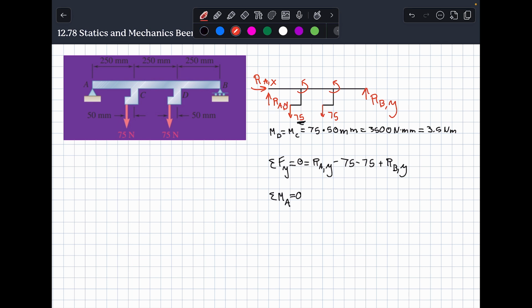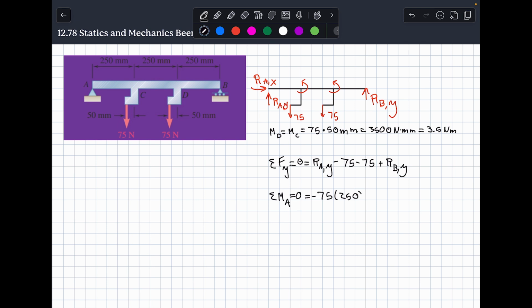This 75 right here is acting on this beam at this point. So this first moment is going to be negative 75, because it's going to cause a clockwise rotation, times 250 millimeters.